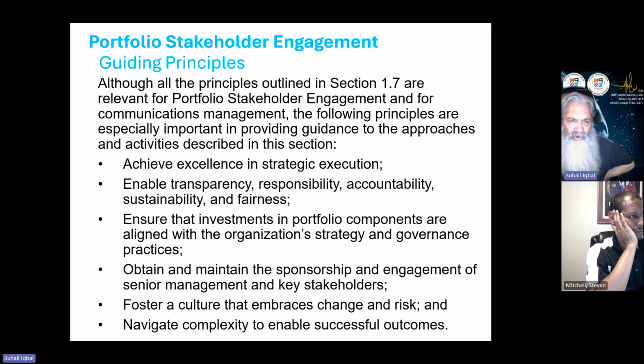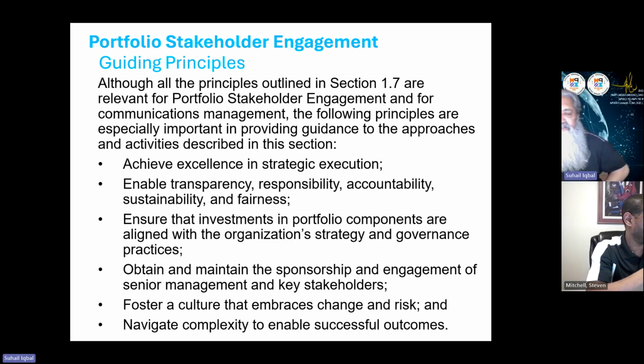Although all the principles of portfolio management are suitable, out of those 8 principles, we have selected 6 of them which could very clearly indicate their affiliation with stakeholder engagement and communication.